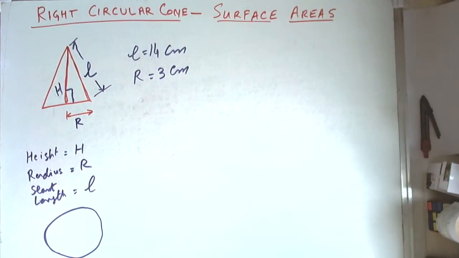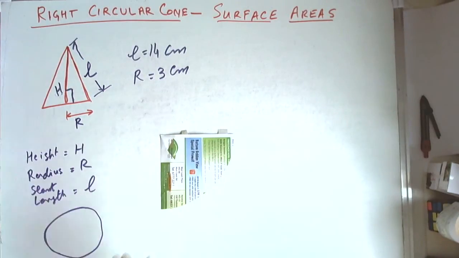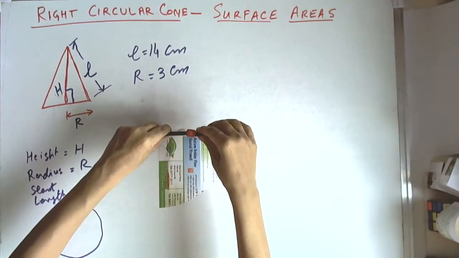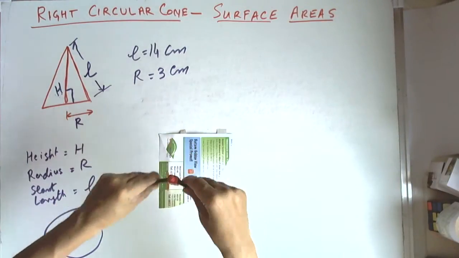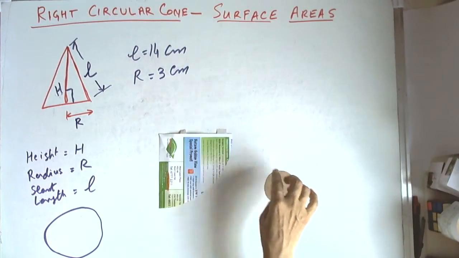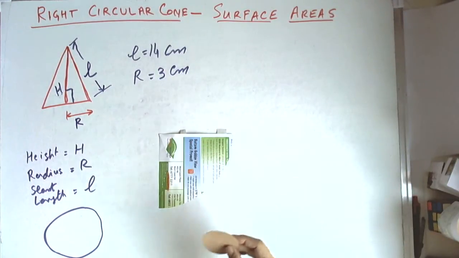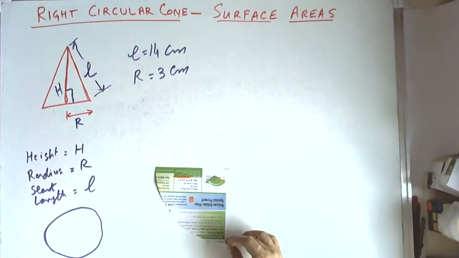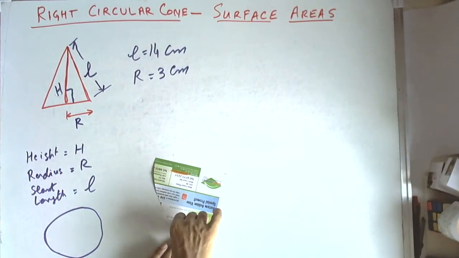For that, we first take a piece of paper or cardboard and then take a compass, open the compass at 14 centimeter and draw a circle like this.